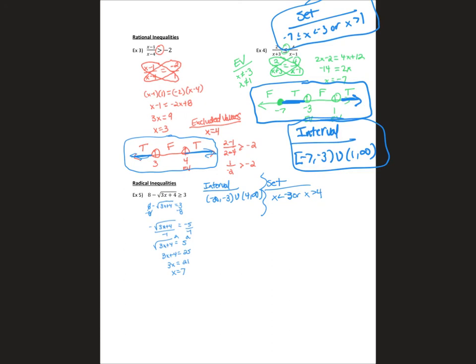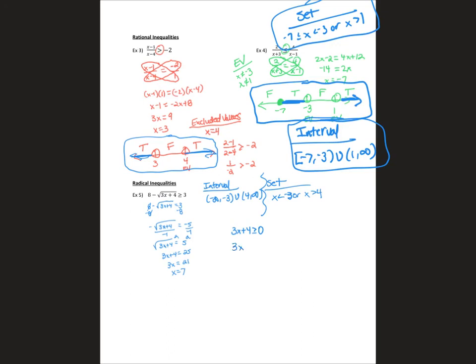3x equals 21. X has to be 7. So now we got to figure out what value needs to be excluded because it makes the inside of the radical negative. So I'm going to take the radicand 3x plus 4, and you're going to simply make it greater than or equal to 0, right? As long as it's 0 or higher, that will be fine because it will still lead to a positive solution. But anything that makes it negative will lead to an imaginary solution.